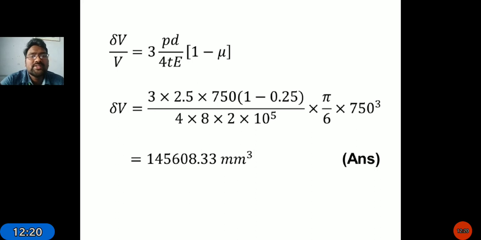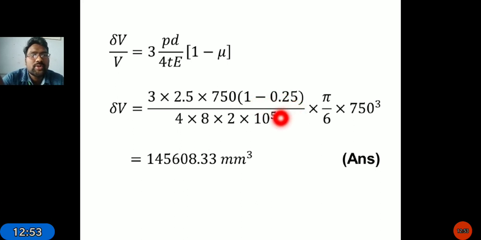Okay, next, now we need to calculate the change in volume. For this, delta V by V is equal to 3 into PD by 4tE into (1 minus mu). It is the volumetric strain for thin spherical shells. By substituting all these values in this equation we will get the change in volume. Here, except change in volume, we know all the values. It is 3 into P which is 2.5 into diameter 750 into (1 minus mu).